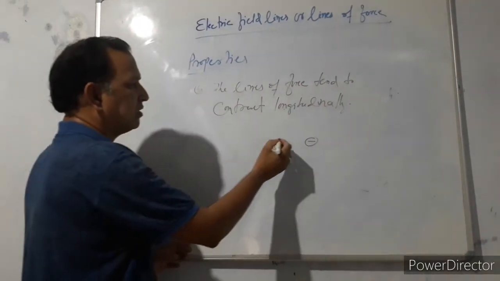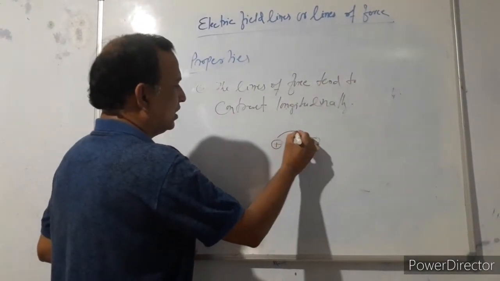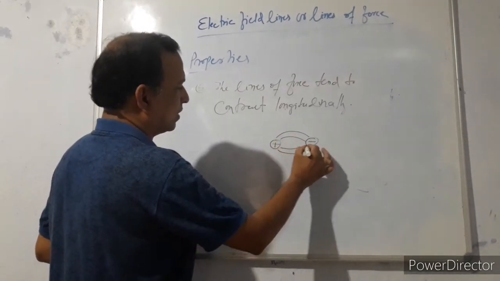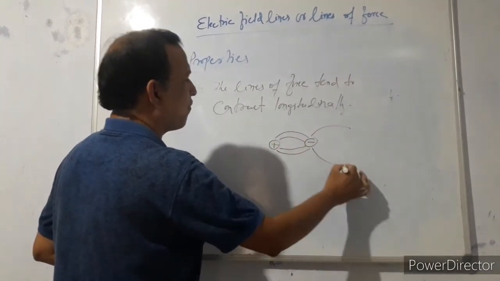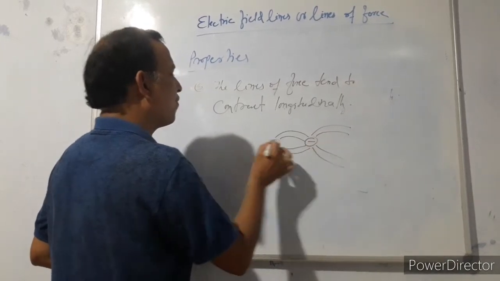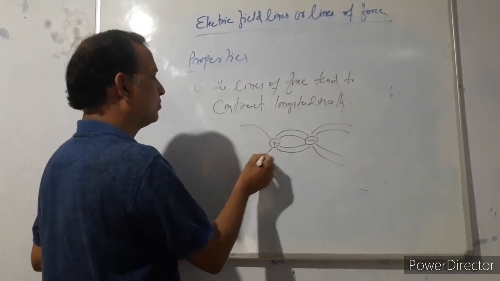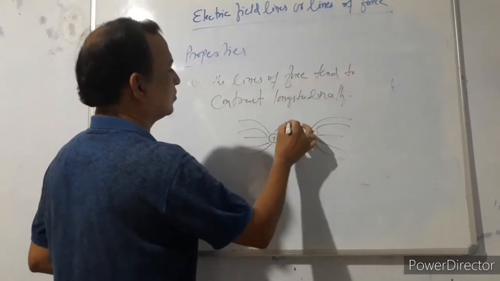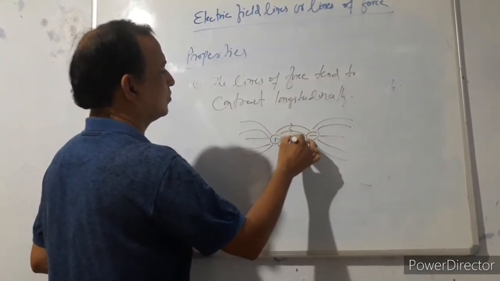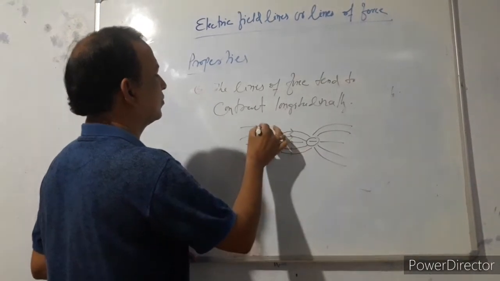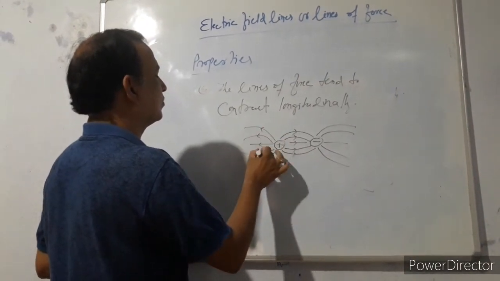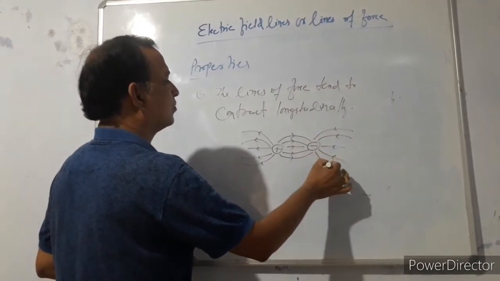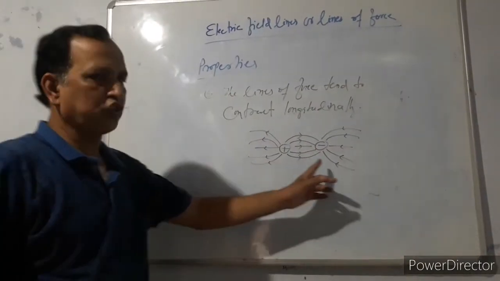Contract longitudinally means these lines of force are curved like this. This is the longitudinal contraction.